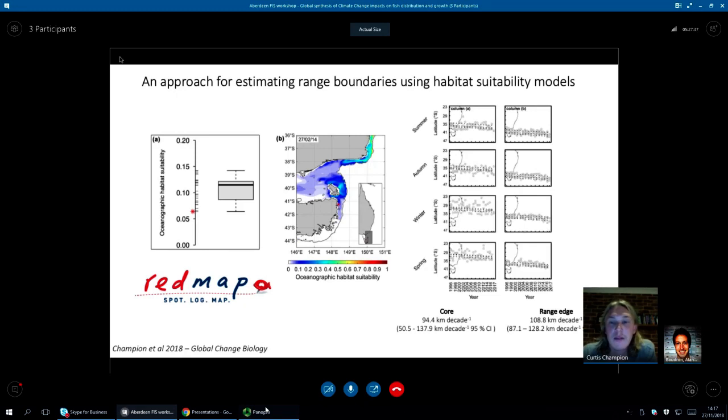With that in mind, we could then produce these sorts of linear models that show change in that oceanographic habitat suitability value through time. And that's how we went about developing the relationship that you see in column B. With the combined approach of the habitat suitability model and the independent data set from the REDMAP database, we were able to estimate that yellowtail kingfish from southeastern Australia has shifted poleward by about 108 kilometres a decade over the last 25 years or so.